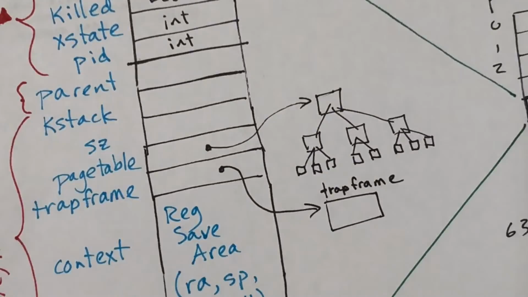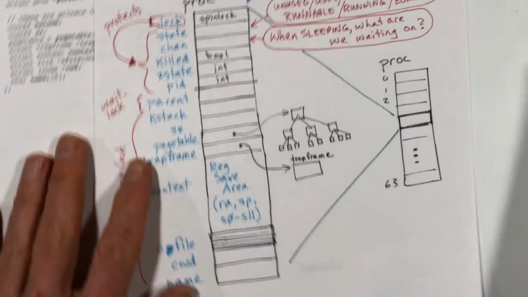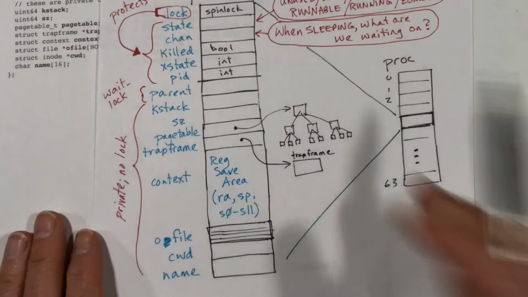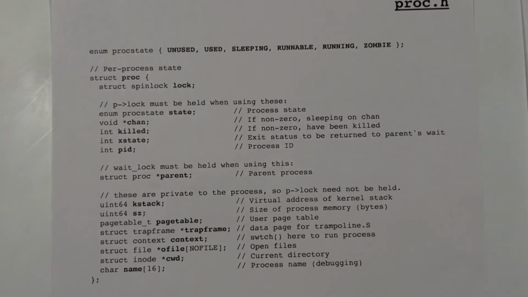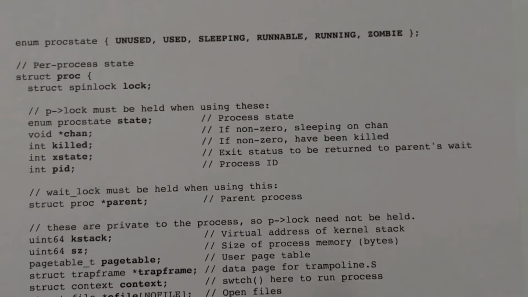So next, let's take a look at the proc structure. Okay, so that's this structure here. We're going to look at this structure, and let's see if I can zoom in there.